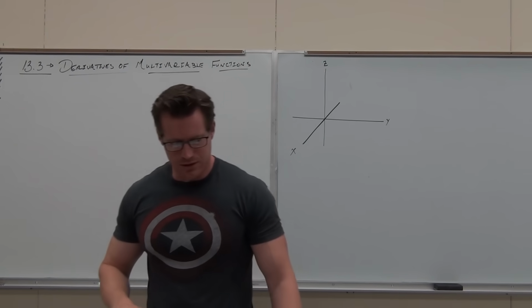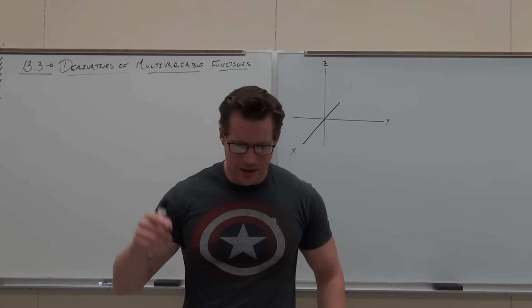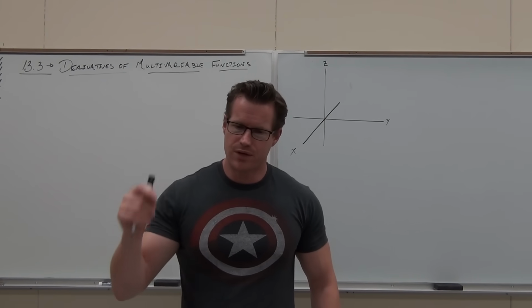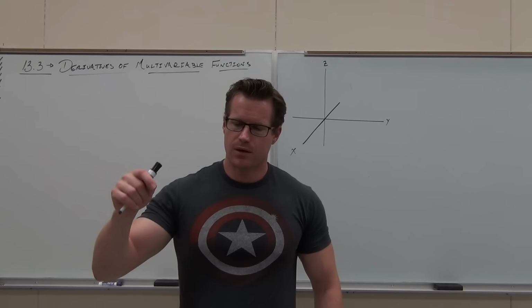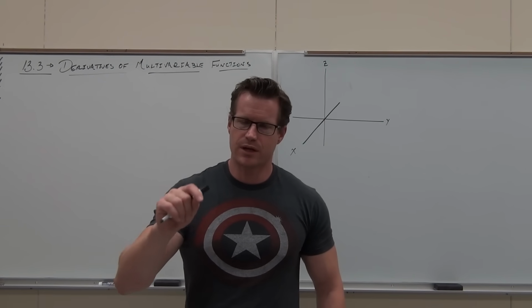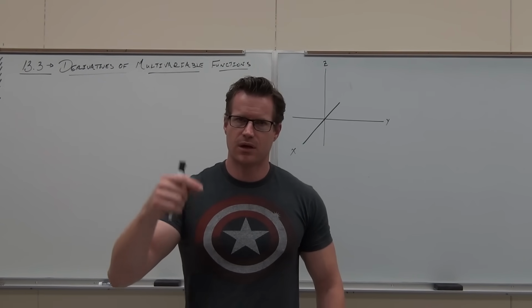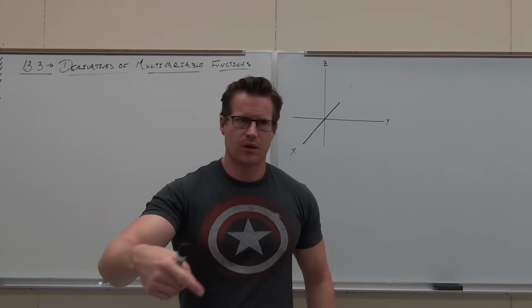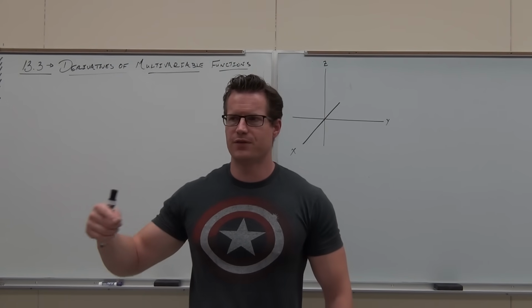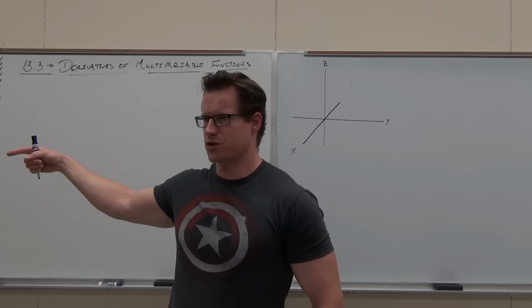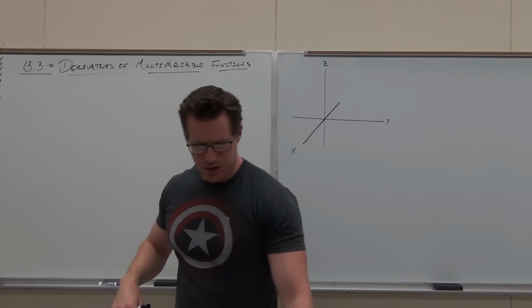So let's start with this. If a derivative with a function of only one independent variable is a slope of the tangent line to a curve at a point, what in the world does a derivative of a multivariable function mean? Let's start with that question.